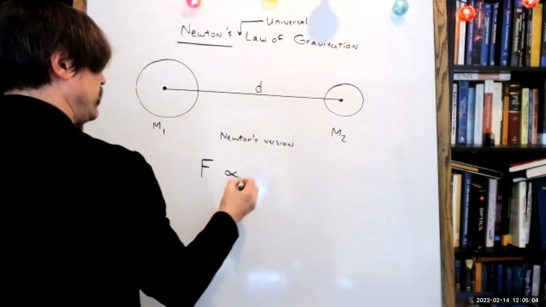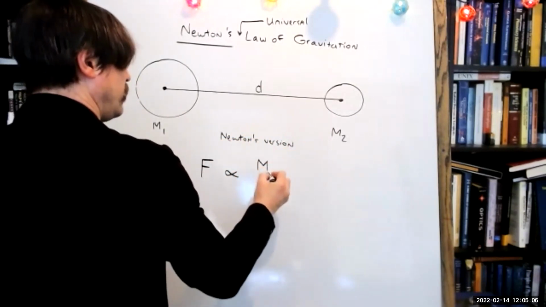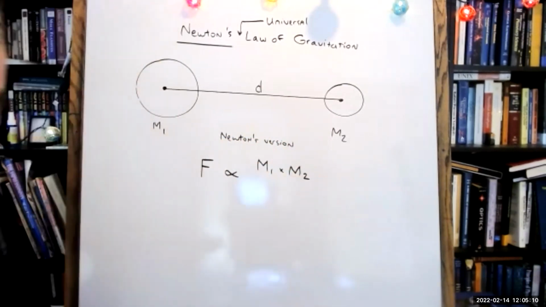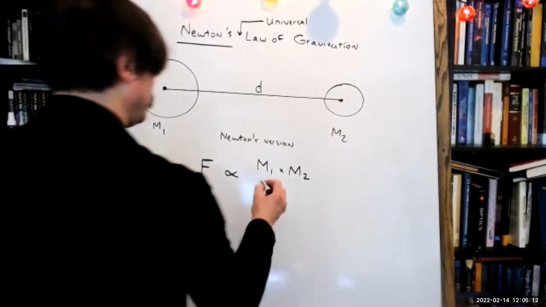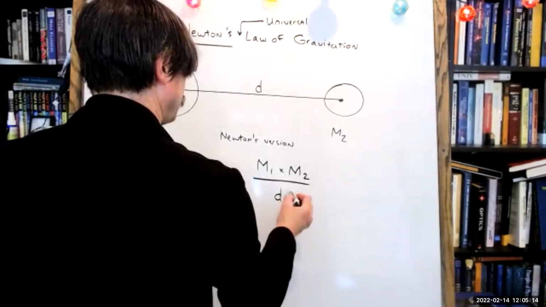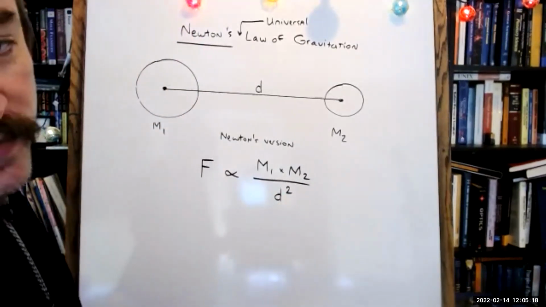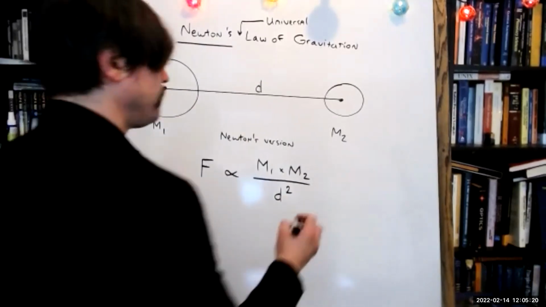Force is proportional to the product of the masses M1, M2, and inversely proportional to the square of the distance. And I want to write down those words next to it.